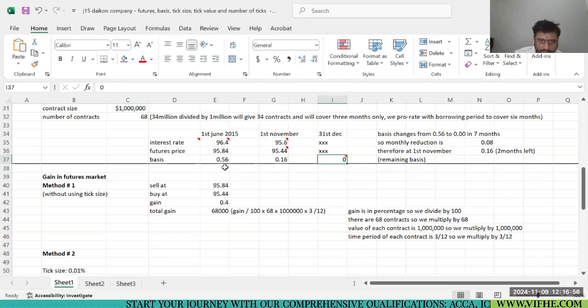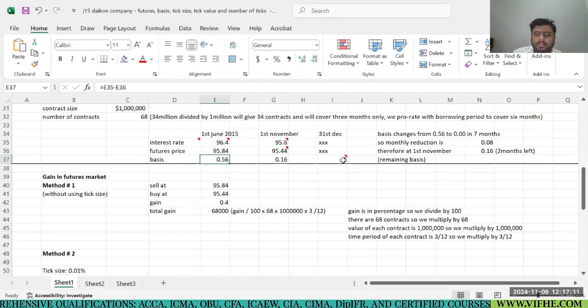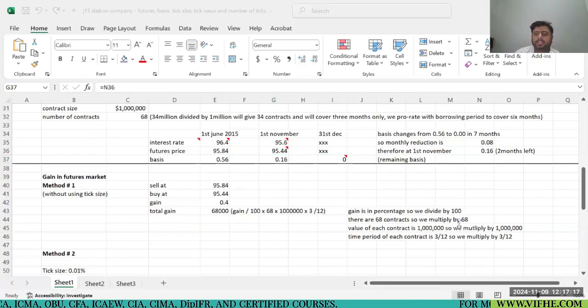So if 0.56 becomes 0 in 7 months, you will divide 0.56 by 7. You calculate the monthly decrease, and then on 1st November, 2 months are remaining. 0.56 divided by 7 gives you 0.08. At 1st November, 2 months are remaining, so 0.08 into 2 will give you the remaining unexpired basis.